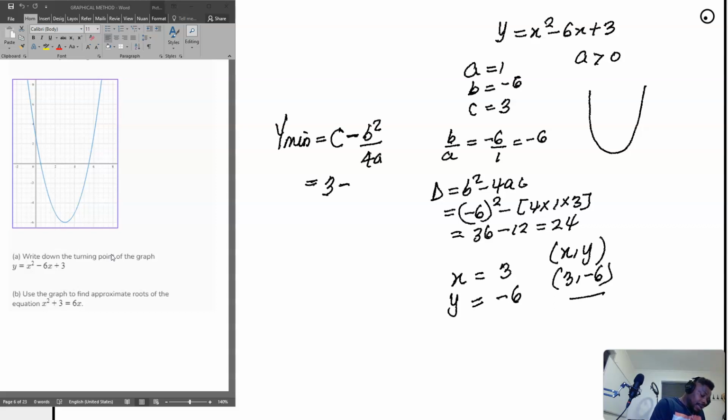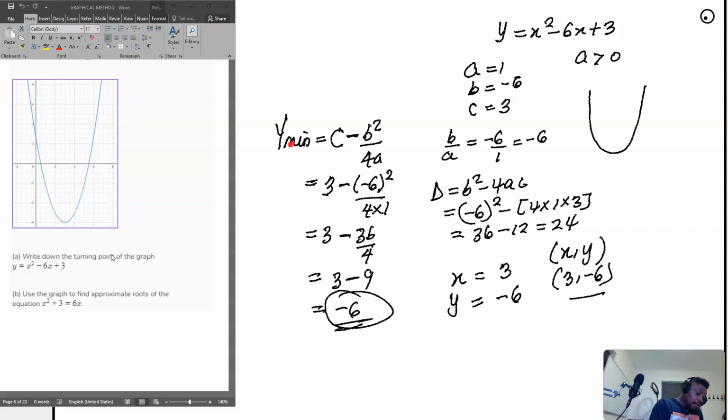That is 3 minus, what is our b? Minus 6 squared over 4 times 1. So this is 3 minus 36 over 4, that is 9. 3 minus 9, that is minus 6. So the minimum value of y is minus 6, and the corresponding value of x is 3. Easy.